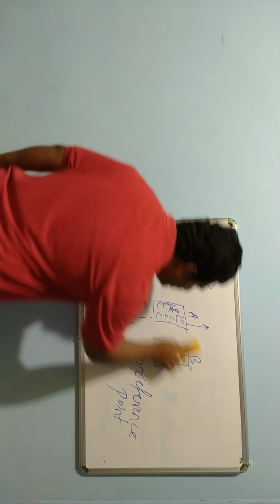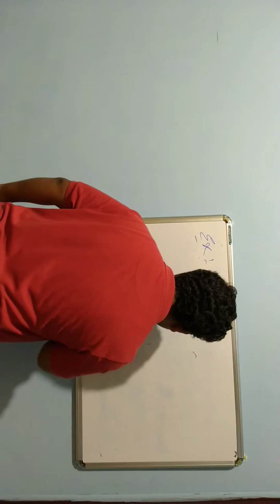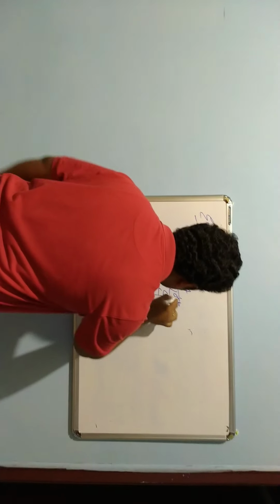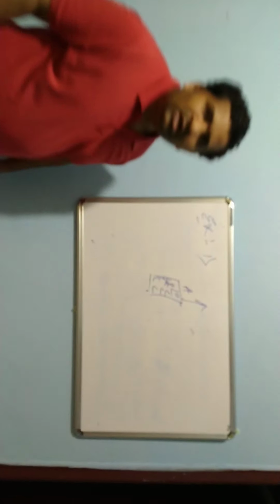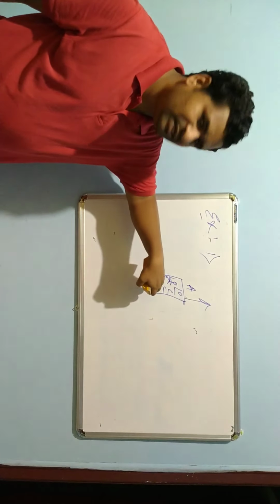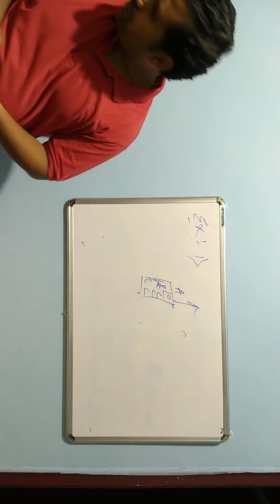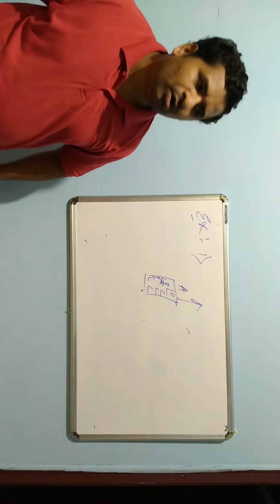Now another example. Think, bus A is already in motion, moving in a forward direction, and the same person is sitting in the bus, and again he wants to check whether his bus is moving or at rest.